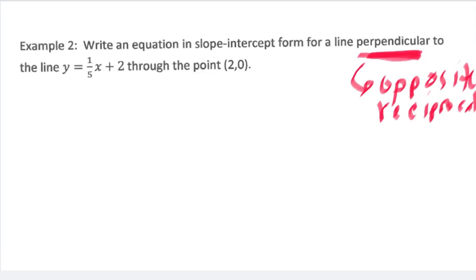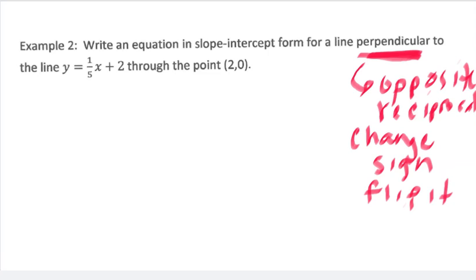So what I told you before is that you just change the sign and flip it. This is what you want to do to find the slope of a line perpendicular.